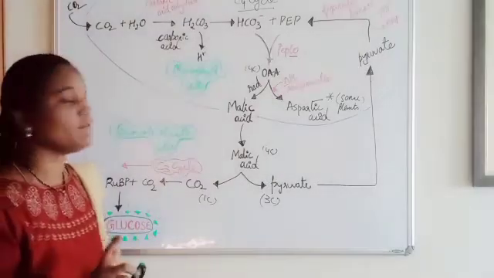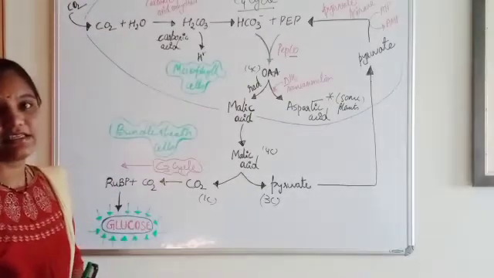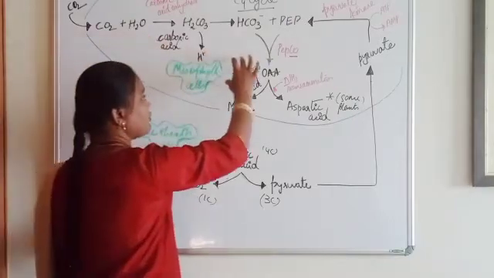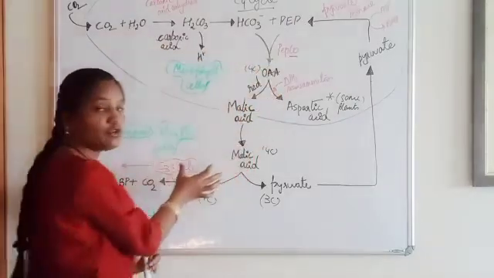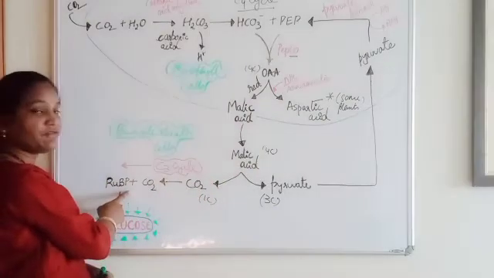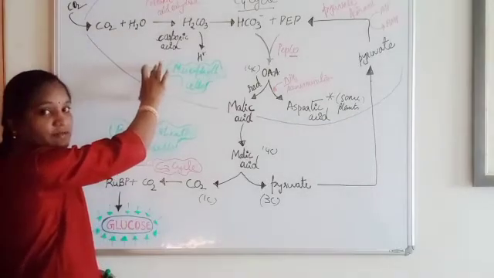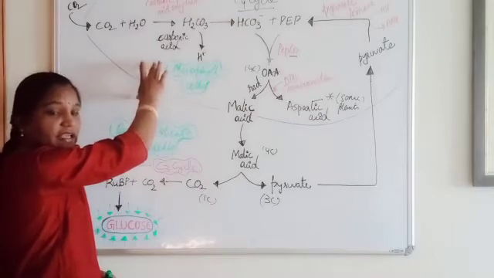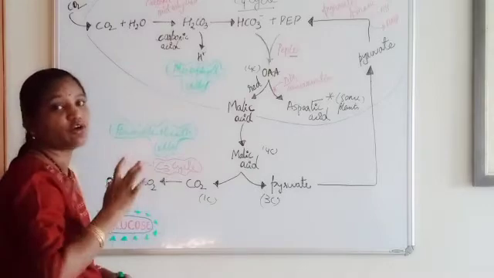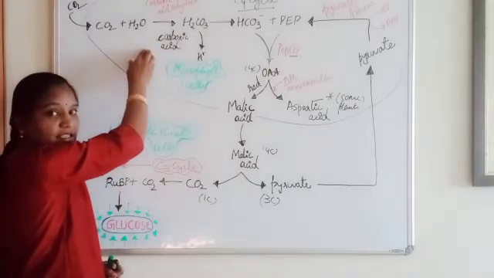Here you have to observe that the carbon dioxide that has entered initially into the mesophyll cells is securely entering into the bundle sheath cells in order to get fixed with RuBP. Hence no oxygen can easily enter, and so C4 plants lack photorespiration. There is no rubisco enzyme presence in the mesophyll cells.